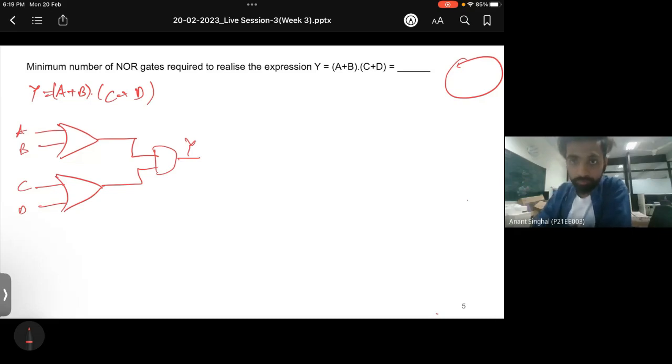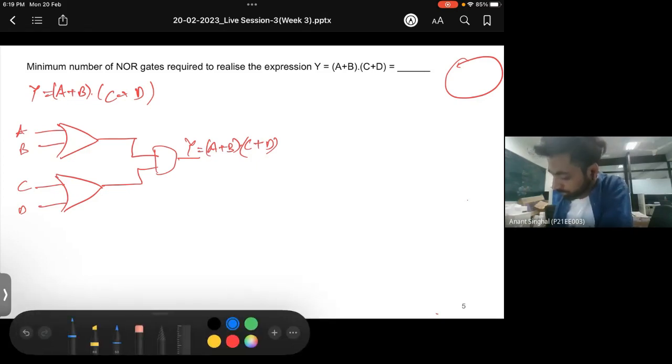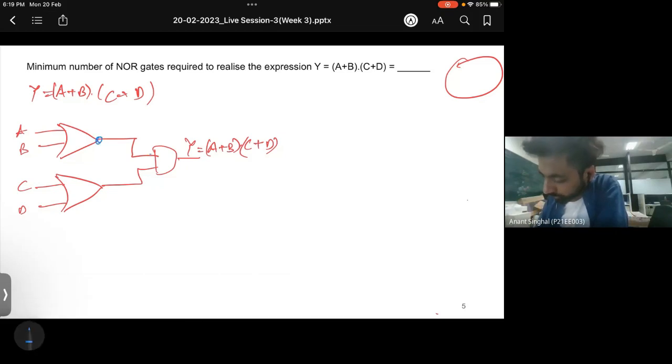So if you try to solve it, it will give A plus B into C plus D. I hope this is clear. So if I try to do what I did in the last question using two NOT gates, will the circuit remain the same?